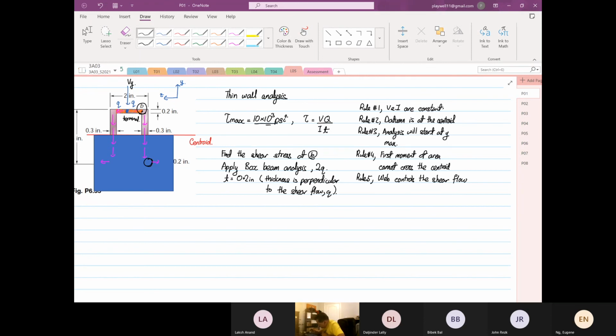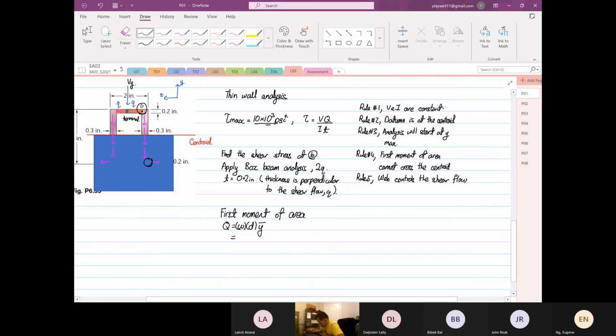So the first moment of area, capital Q, is equal to width, depth and y bar.